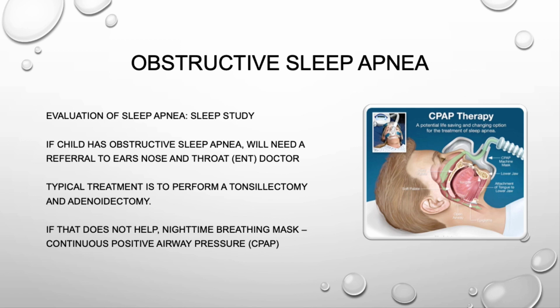If that doesn't resolve the problem, you can use something called CPAP therapy, or this breathing mask that is shown here in the picture on the right side. That will keep the airway open and give the oxygen that your child needs to do well.